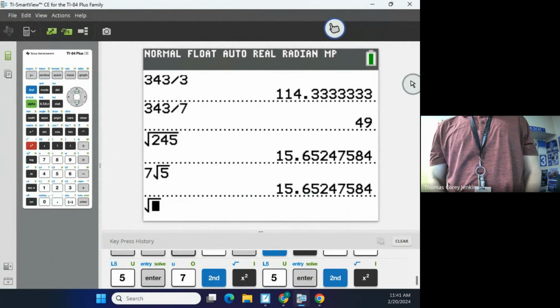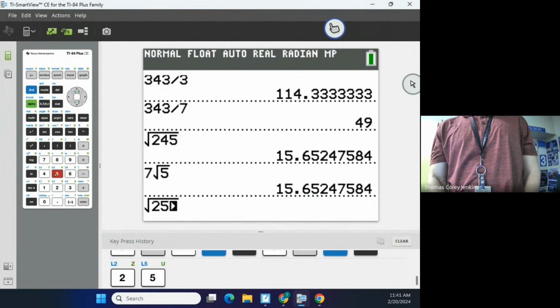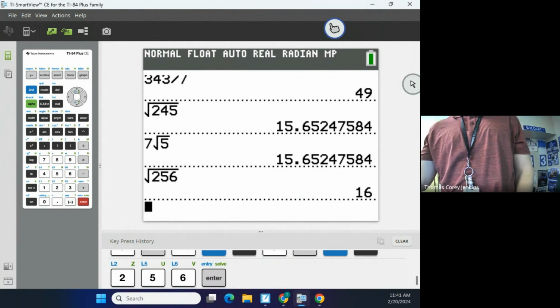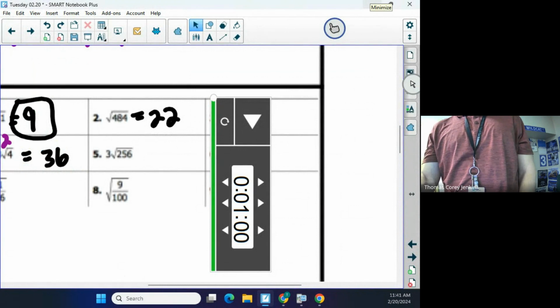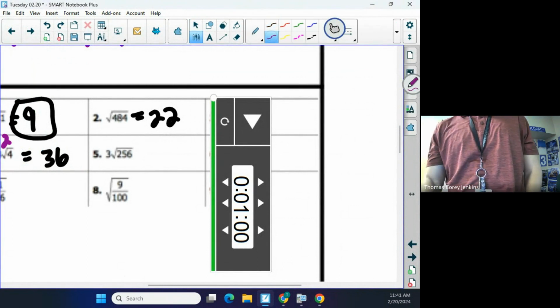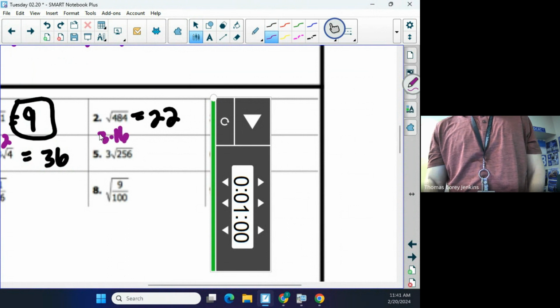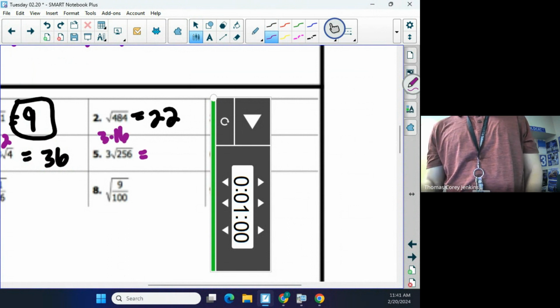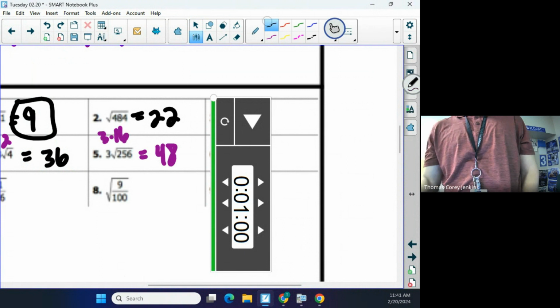So second x squared, the square root of 256 is 16. So this 3 square roots of 256 is really equal to 3 times 16, which is 48.